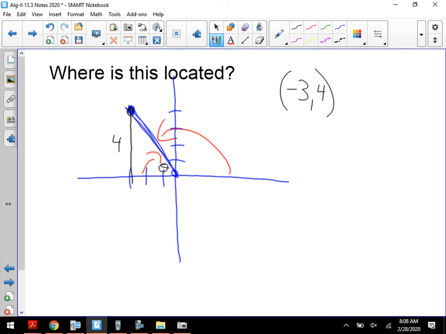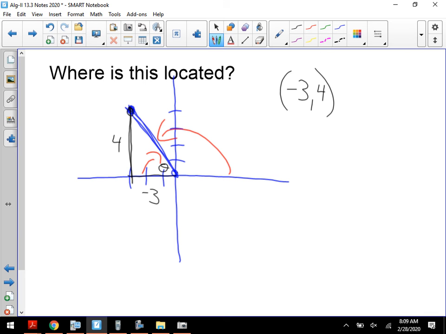When you think about how you placed that ordered pair, you went over -3, you went up 4. So aren't you looking at the y value? When you're sitting there with your theta placed like that, your sight is to your opposite. Your opposite is your y value. This is your -3.